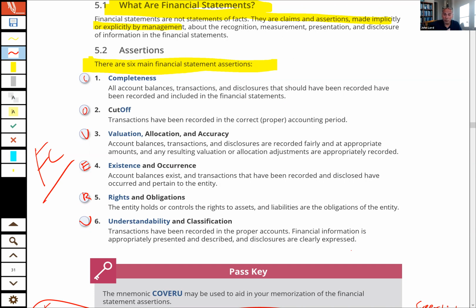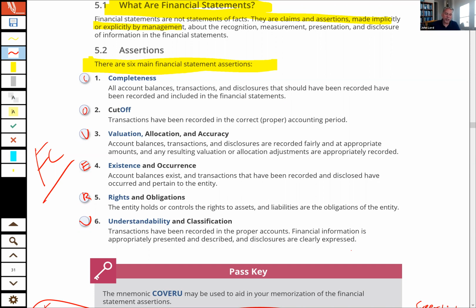So you would do one procedure for an asset for existence, finding the item in the subsidiary records and walking the floor and finding it. Another procedure to see if they actually have ownership. So now you'd ask, hey, can I please see the invoice? Oh, you know what? We didn't actually buy that. We're just renting it. So you determined rights that way.